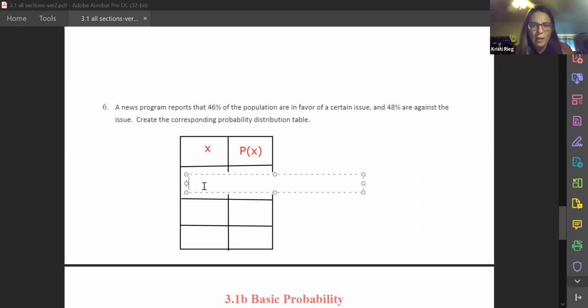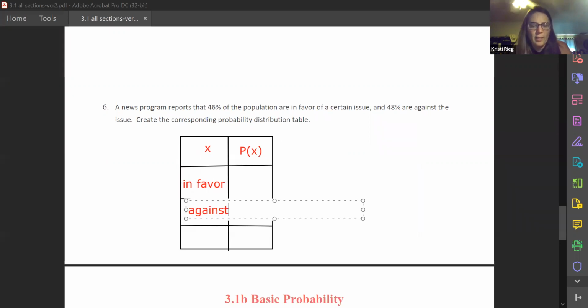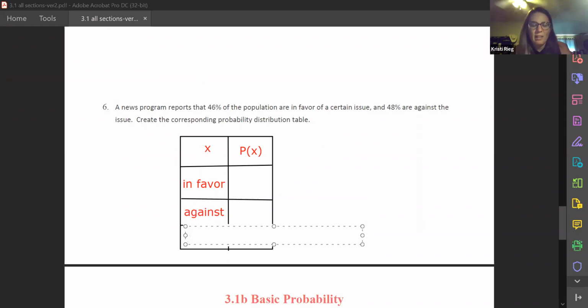So it says in favor. I'll just move it over a little bit. In favor, against, those are the two that we can see. And then the last one, you can call it whatever you want. You can call it unknown. You could say undecided. For some reason, there's this category of people that we don't know anything about.